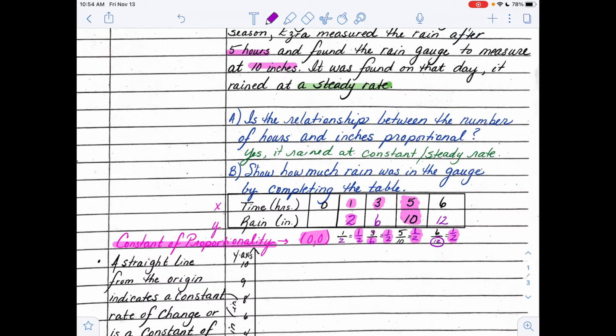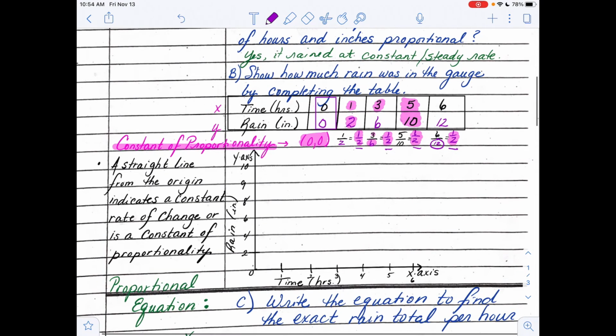It would be 0. So I can see there is a 0,0 point, and they all have the exact same proportion. Now that I know it's a 0,0 and it has the same steady, constant proportional rate, it is called a proportional relationship.